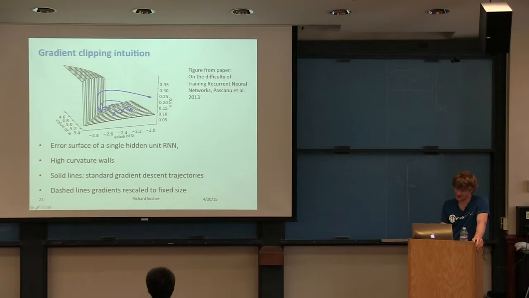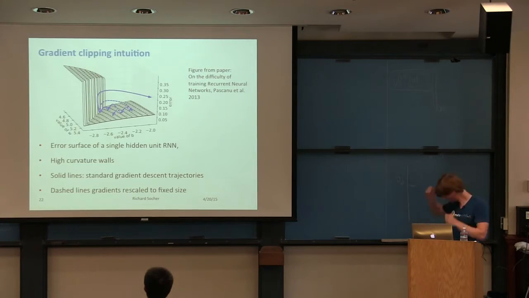And after you hit this high curvature wall in your objective function, it basically jumps all the way somewhere else, and it's totally messed up. Whereas when you rescale it to a fixed size, it basically doesn't jump around that far and stays somewhere where it's reasonable to, in the end, try to minimize this error here. So imagine you try to minimize this error. You took a tiny step here, and now it sends you all the way somewhere entirely different. So this is at least some intuition of what we gain from the gradient clipping.